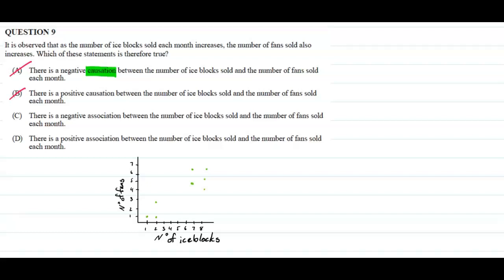So you'll notice as the ice blocks increase, the number of fans also increases. So we end up with a least squares line there that is positive. So our solution for question 9 will be D. There is a positive association between the number of ice blocks sold and the number of fans sold each month.